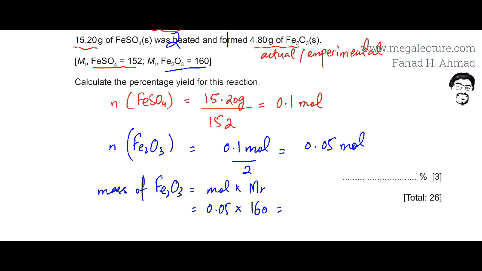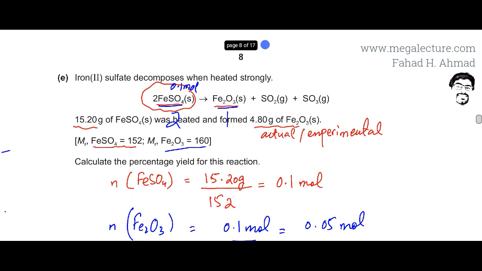So the answer is going to come out to be equal to 8 grams. So that's my theoretical mass of Fe2O3. What I did was I found the moles of FeSO4, which came out to be 0.1 moles, and according to this ratio, the amount of Fe2O3 should be 0.05 moles. And then I multiplied it by the MR, and I found out that 8 grams should be produced.